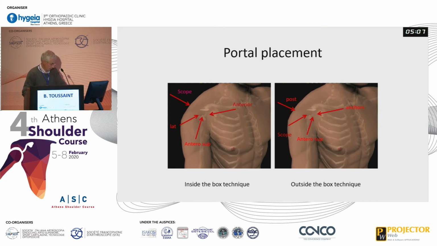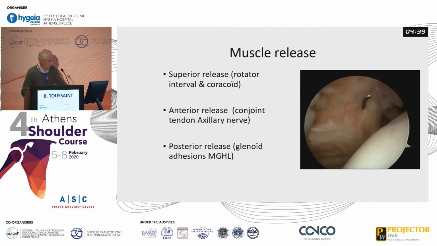For the inside-the-box technique, you stay with the scope posteriorly, and you use another three portals, one lateral, one anterior-superior to have a good access at the level of the biceps groove, and an anterior access for the anchor approach.